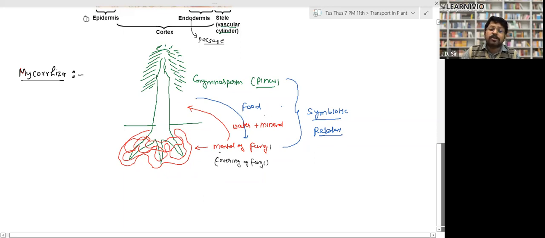This kind of symbiotic relationship, where both are helping each other, is called mycorrhiza.